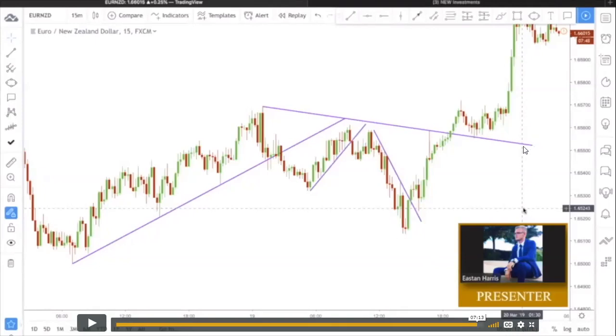So that doesn't necessarily have to do with the first 2 trend lines that he drew, meaning this trend line right here. He drew this trend line just to show you an example of a trend line to the upside.